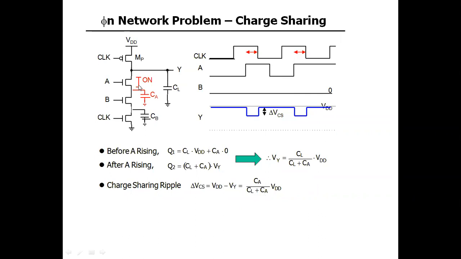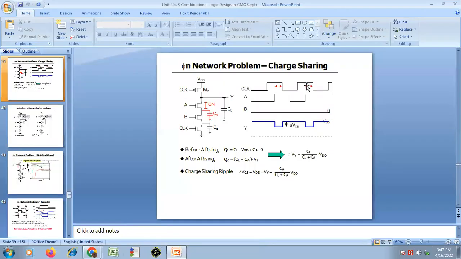So these are the capacitances associated with this circuit. This CL is the load capacitance, and CA is the intermediate capacitance of this A, or you can say it's the load capacitance of the A transistor, right?